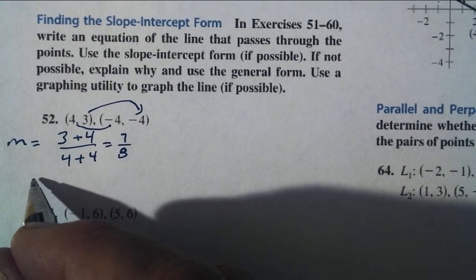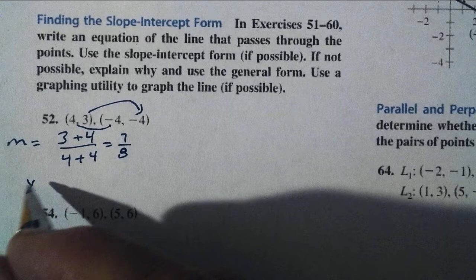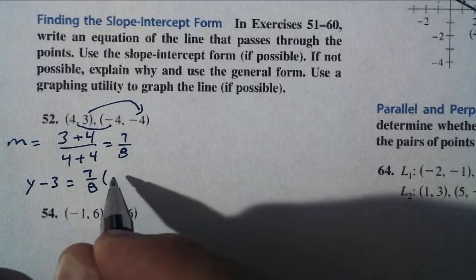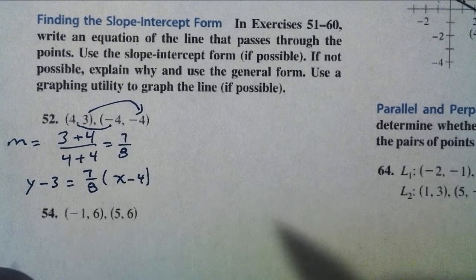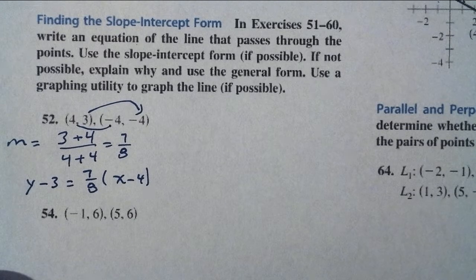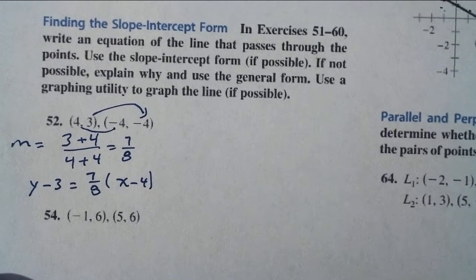So there is our slope of this line, which isn't going to be the most friendly to deal with. So I'm going to use the first point, y minus the y coordinate equals slope 7/8 times x minus the x coordinate. And I want to go into slope-intercept form. If I only asked for an equation of a line, you would be done.